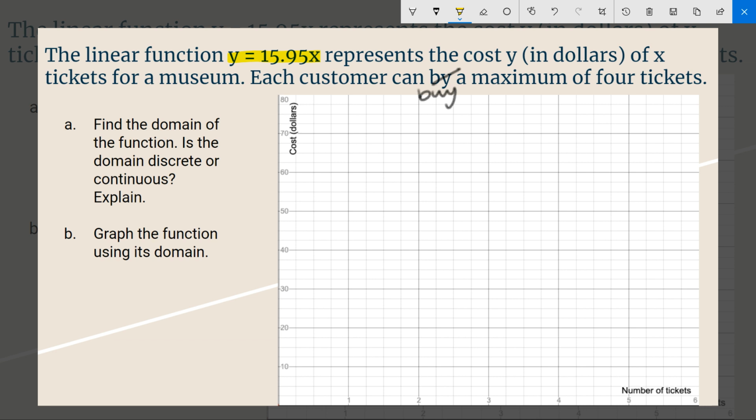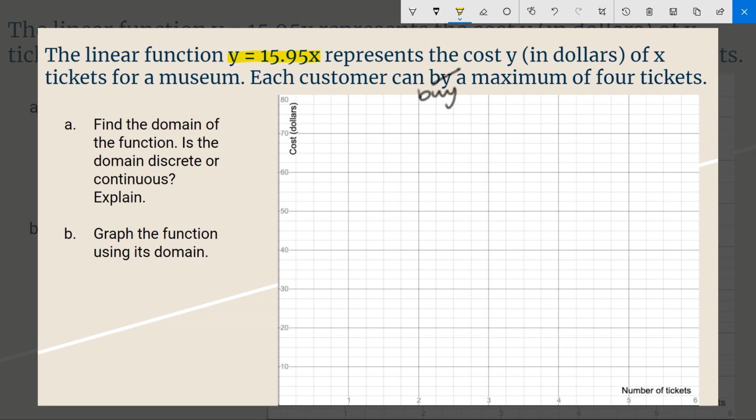And if the line continues, that's the idea of a continuous domain, because you can have any x value anywhere, because you don't have just points here and there. It's every single point connecting up to make the whole solid line.